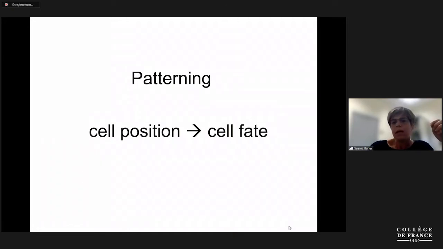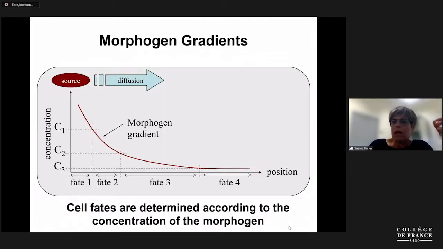And now why is this a problem, or why is it more difficult to explain? I think it's most difficult to explain within the prevailing paradigm of how patterning is achieved, at least in very many situations. This is the paradigm of the translation of cell position into cell fate. I wouldn't say it's the most prevailing model, but one of the prevailing models, which was found in many cases, is the paradigm of the morphogen gradient. The concept here is very simple.